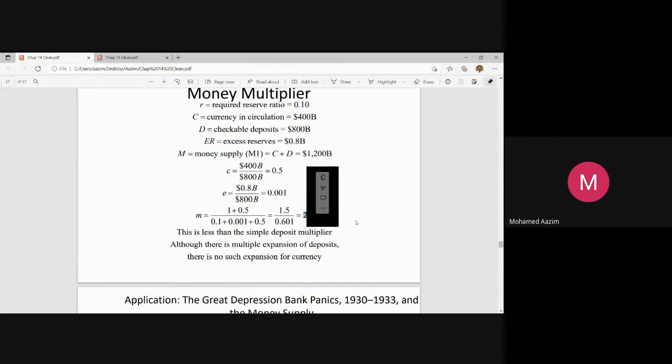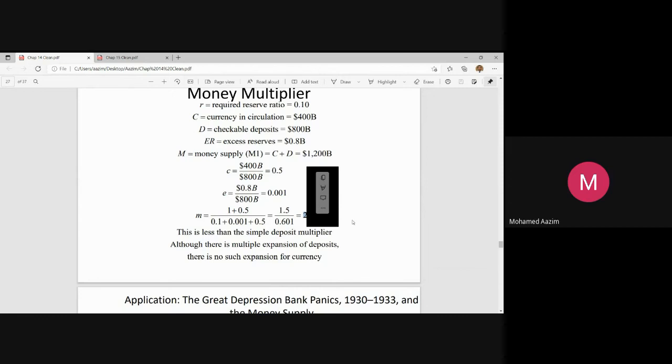So if you have a monetary base in this economy, let's say 1,000 billion, that is 1 trillion, though it has to be more than that given this example, but for example, let's say 1,000 billion.